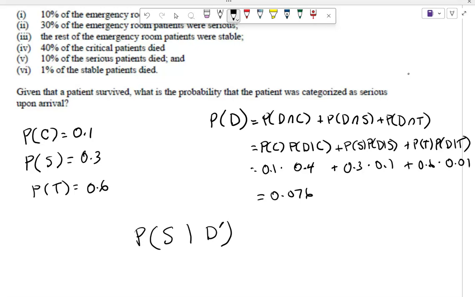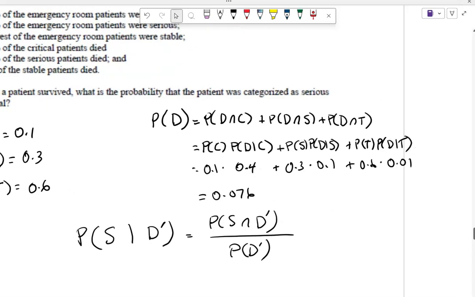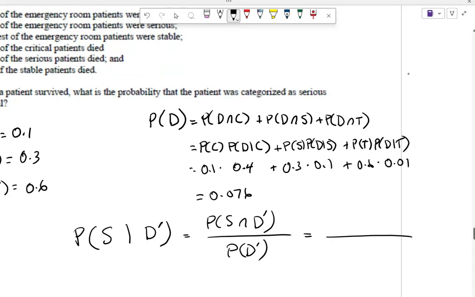There's only two possibilities. So this will be probability of serious and not death over probability of not death. We got the denominator from the previous part, didn't we?